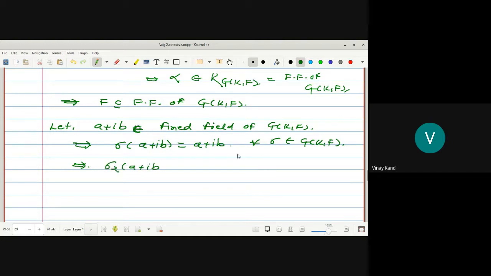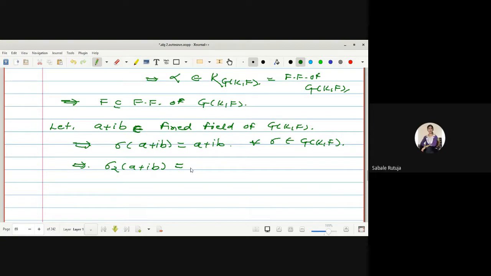There are two elements in GKF, sigma 1 and sigma 2. Sigma 1 is the identity mapping, so neglect it. Take sigma 2 and apply it on A plus IB. What is sigma 2 of A plus IB? It is A minus IB.